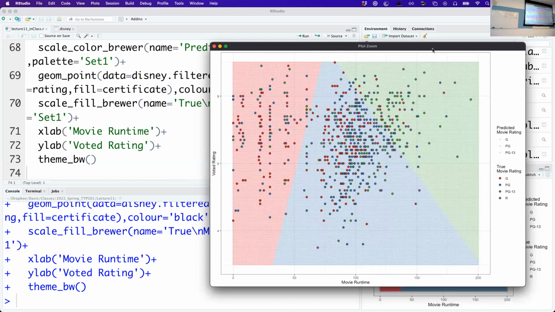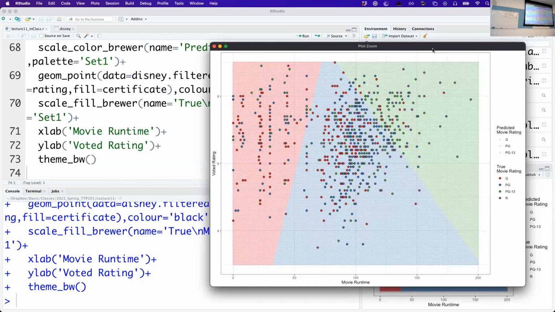You're going to have some predictions that are incorrect. There's a lot more heterogeneity even within, but the error rate here should, in theory, be better than just guessing.